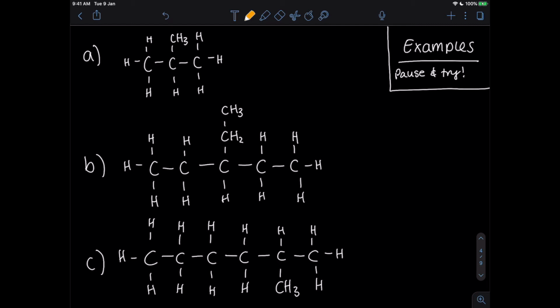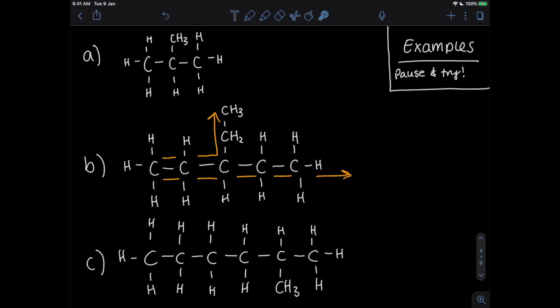So it's the longest unbroken chain, and to put that into perspective, as an example, I could choose this to be my longest chain, so this L shape here, as 1, 2, 3, 4, 5 carbons, alongside this one being my longest chain.